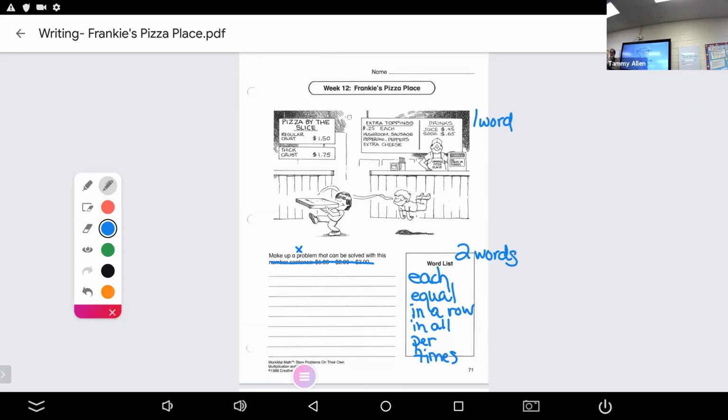Now, the next thing I'm going to tell you is it must have at least multiplication in it. But we're going to use 2 operations. Multiplication has to be one of them.